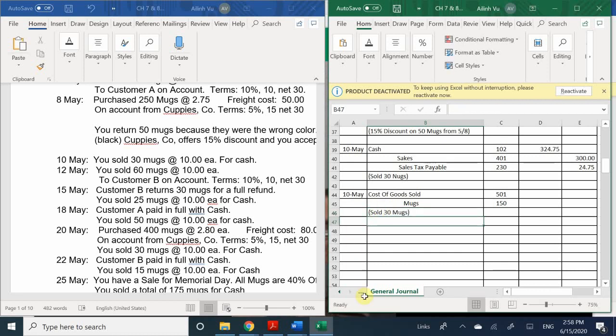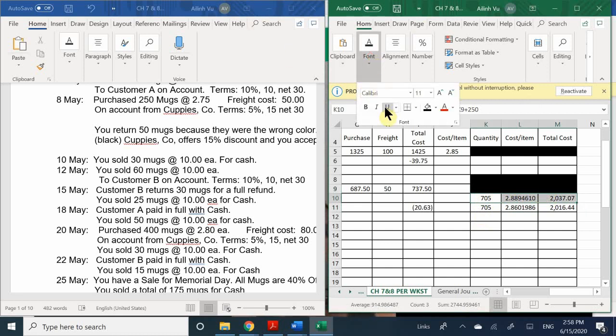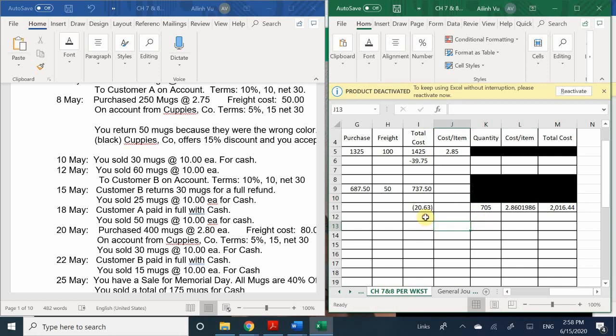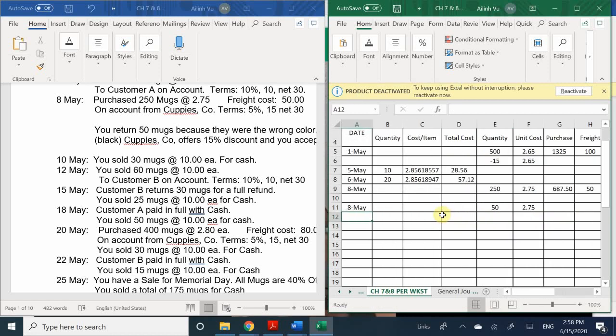So now where do I go? How do I find out how much I sold? Go to the inventory sheet. Okay. Oh, I forgot to wipe this out because we no longer have that value anymore. All right, let's follow the line through for the 10th of May. How many items did we sell? 30.